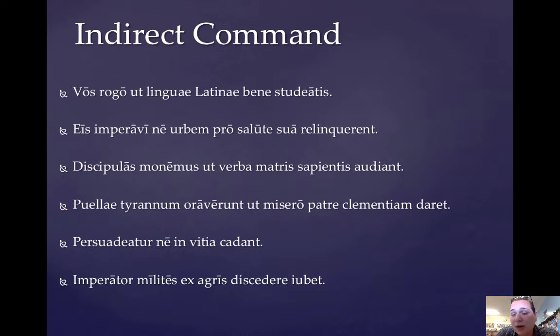And if this were not iubeo, but say impero, that would change it, of course, to imperator militibus imperat ut ex agris discedat, or discedant. So there you go. Just changing that verb from iubeo to impero changes this from a simple infinitive construction to an indirect command.